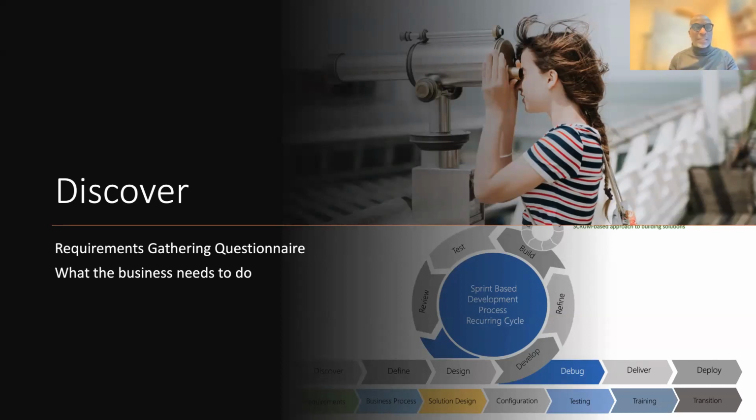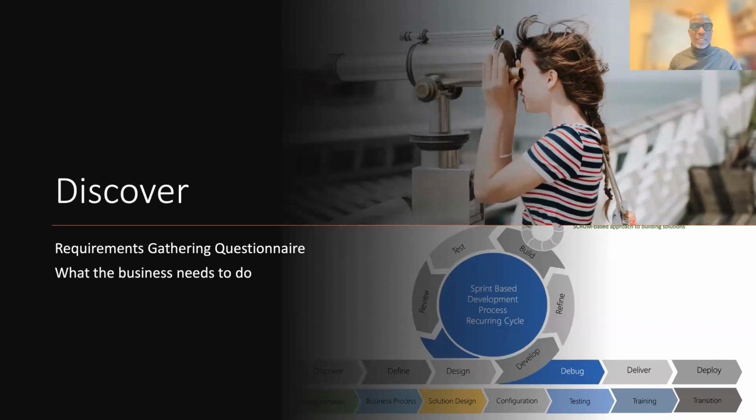So today we are looking at day 3, and this is when we start the gathering of requirements. For those who have knowledge of implementing ERP in the past, this is a slightly different way of gathering the requirements.